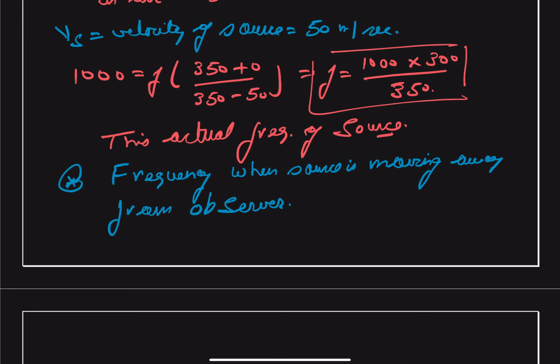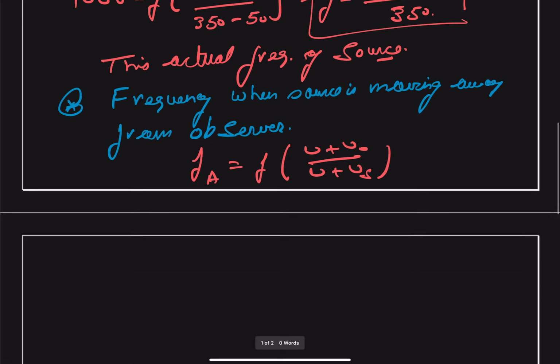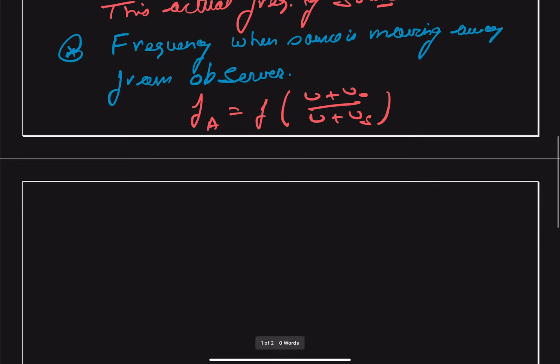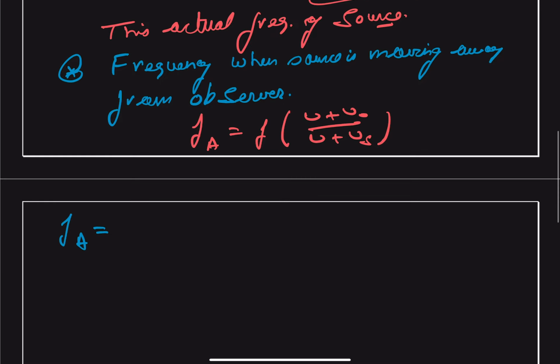We can write the formula that frequency away, let us call it FA, will be equal to the frequency f, which is the actual frequency, times (v plus v naught) divided by (v plus Vs). Now it's simply substituting all the relative values. So for FA, f we just found out is 1000 multiplied by 300 divided by 350.